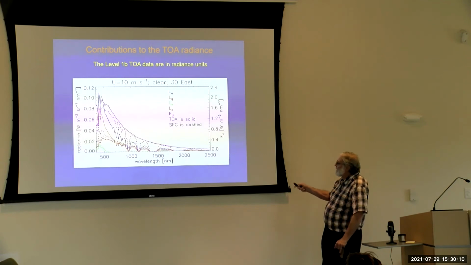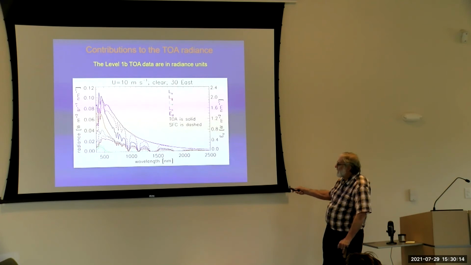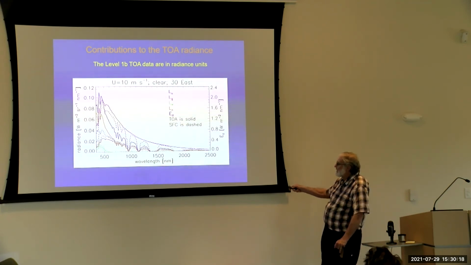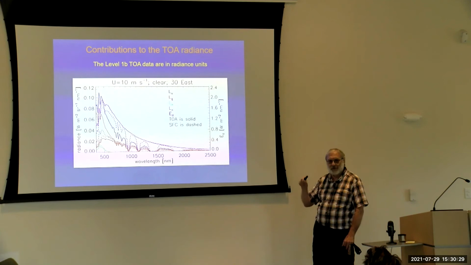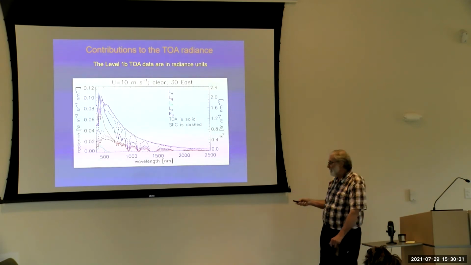So for example, Ed is purple. There's your top of the atmosphere irradiance, and then these dashed lines are the sea surface irradiance. And what's missing in here, like this gap, this gap, this gap, those are bands where there's strong absorption by water vapor or oxygen or whatever.